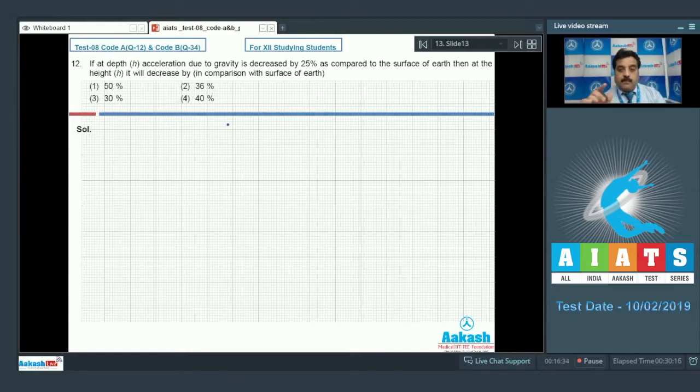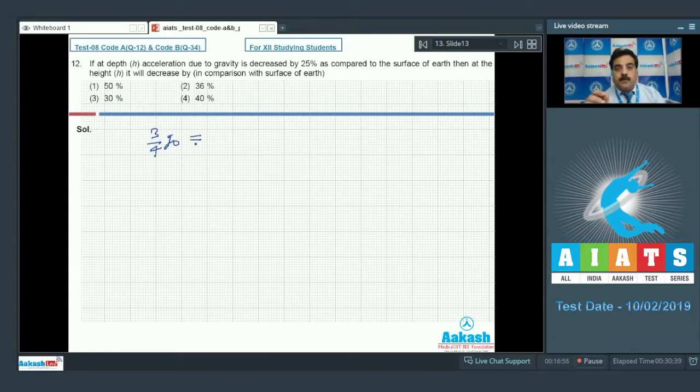As per the scenario, 25% is going to decrease, so 1 minus 25 upon 100. You know very well 25% means 1 by 4. When you subtract from the full value, you will get 3 by 4 g naught.